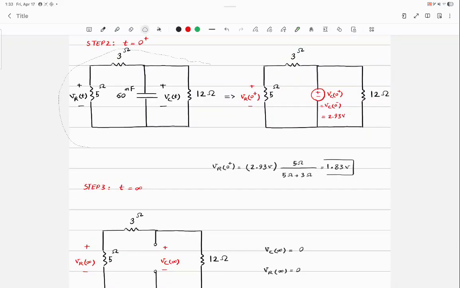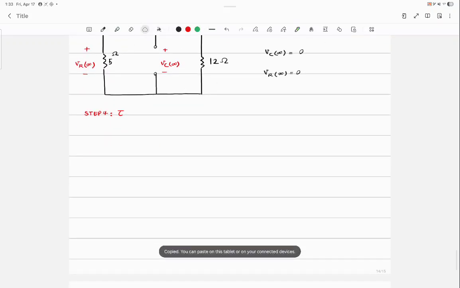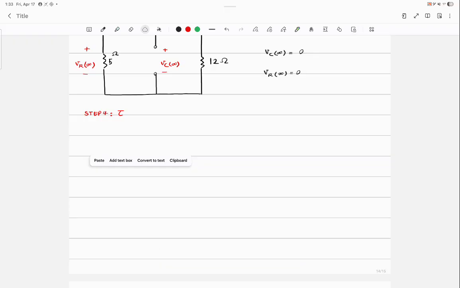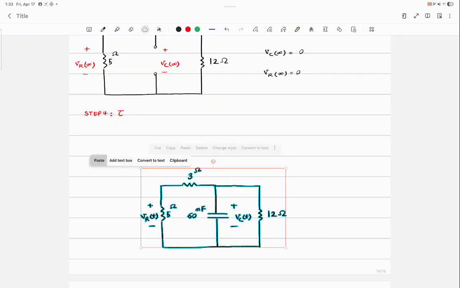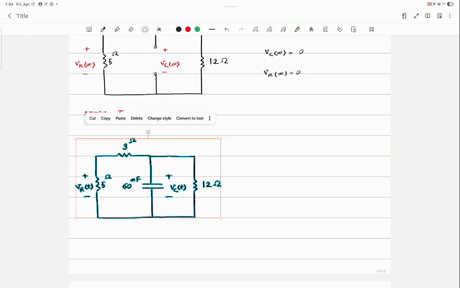What is the next step? Find the time constant. I don't care how you do it. You can combine all of them. And don't think this is something from the text, this is just how I did it myself. Okay, what should I do?